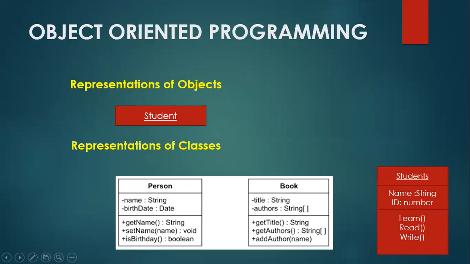The second rectangular box indicates the common attributes of the objects. The third rectangular box indicates the common behavior of all the objects. The behavior is always implemented with methods in a programming language.